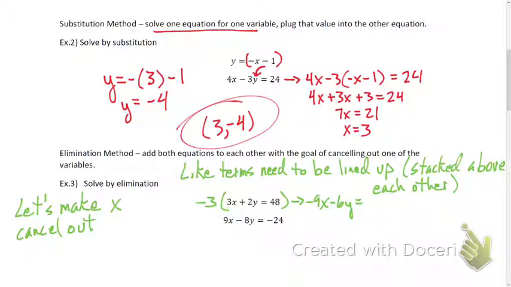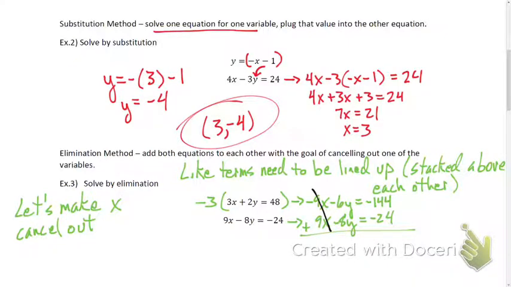And 3 times 48, that's 144. So negative 144. Let's just copy down this equation and combine the equations. The x's cancel out, that was the goal.